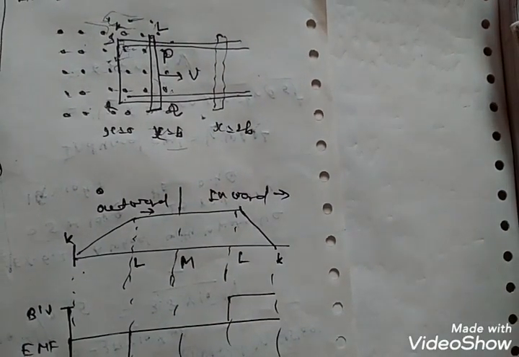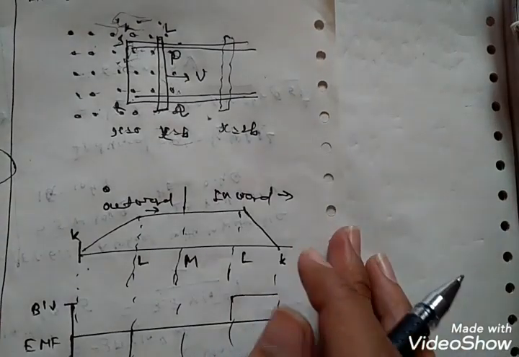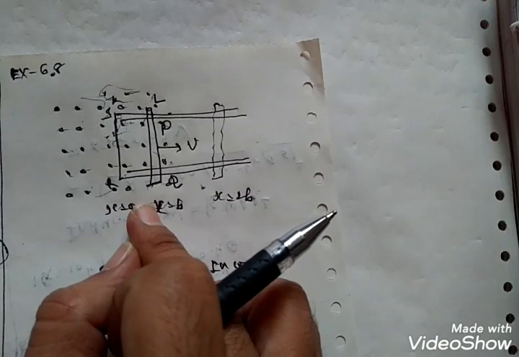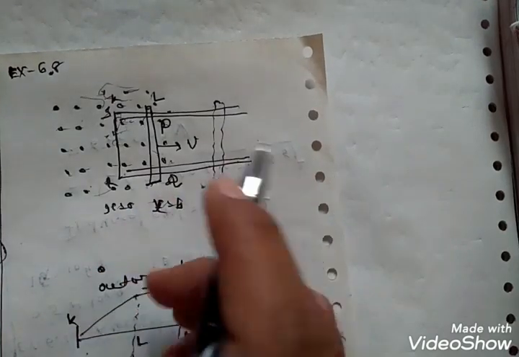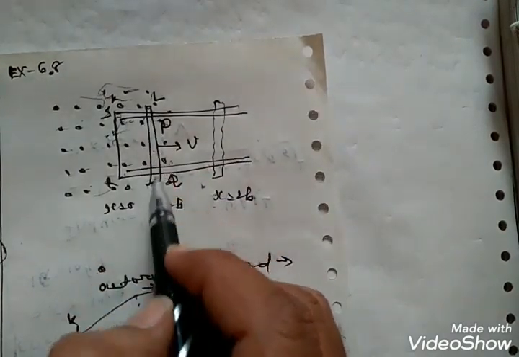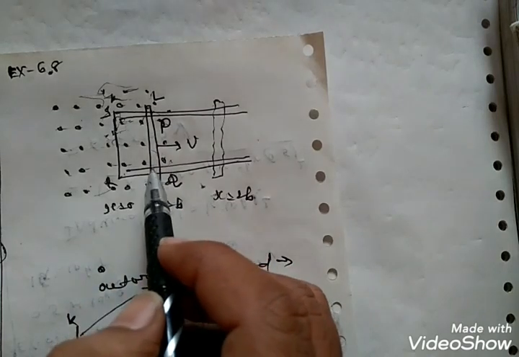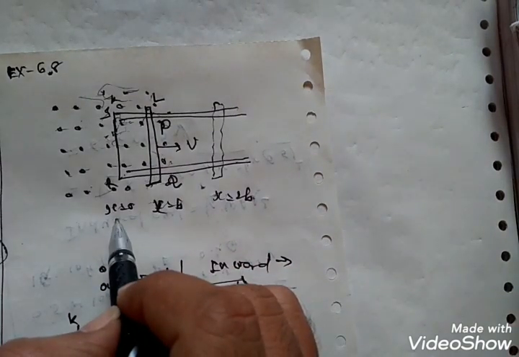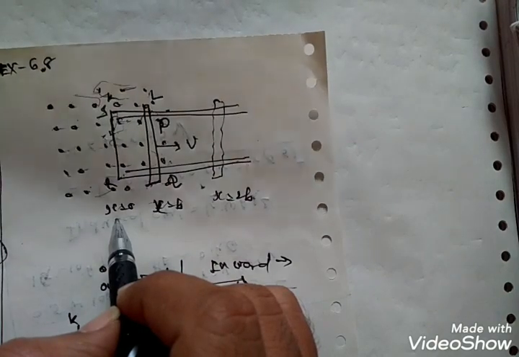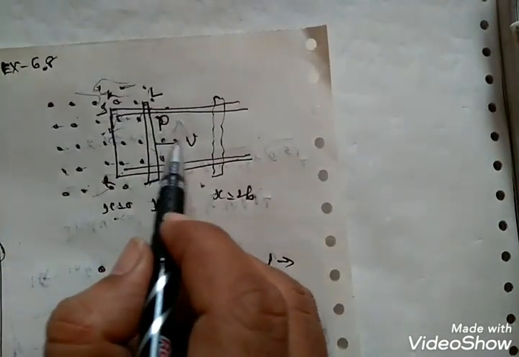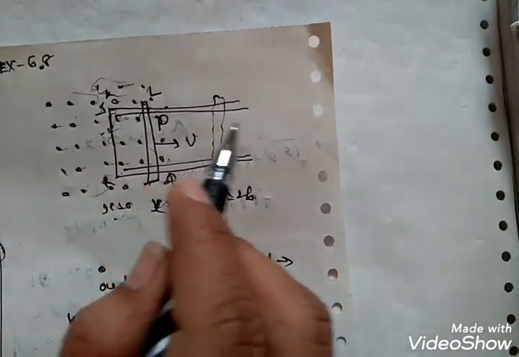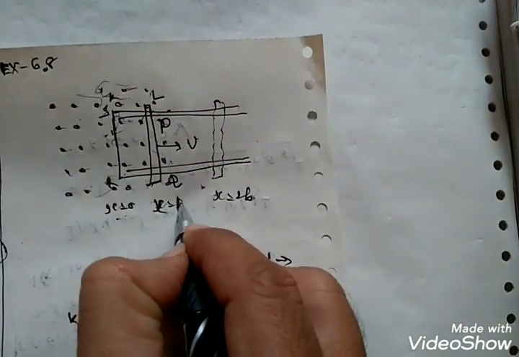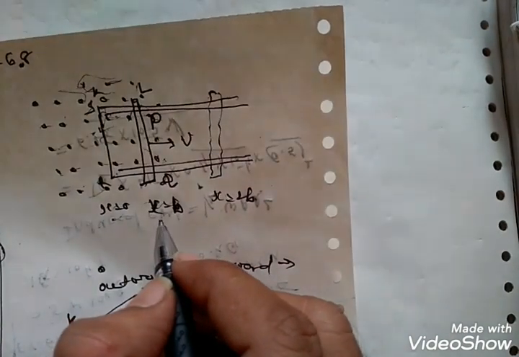Example 6.8, as shown in this figure. Now here the arm PQ of the rectangular conductor is movable, moving from x is equal to 0 outward.